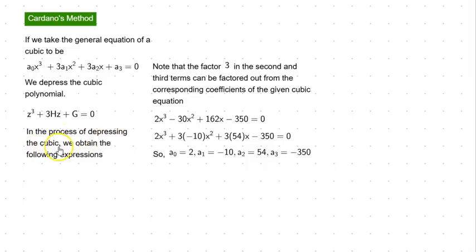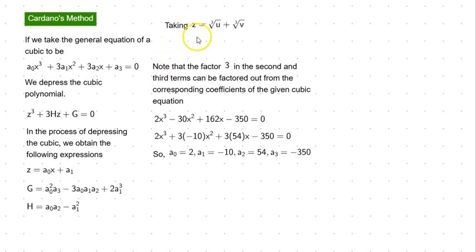In the process of depressing the cubic, we obtain the following expressions. z = a₀x + a₁, g = a₀²a₃ − 3a₀a₁a₂ + 2a₁³, and finally, h = a₀a₂ − a₁². The process of depressing the cubic we have seen in our previous session.